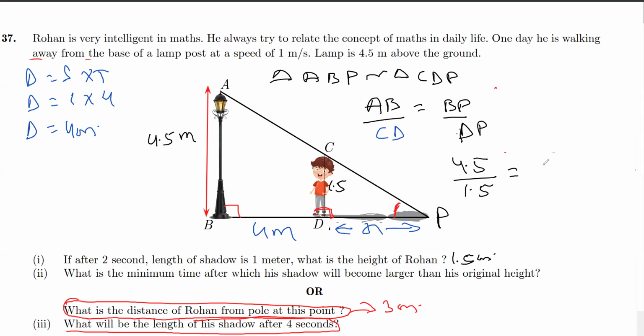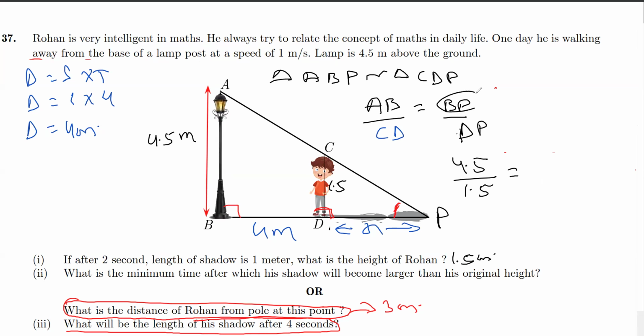DP is x, and BP is x plus 4. We did some mistake, the order in which we have written is wrong.